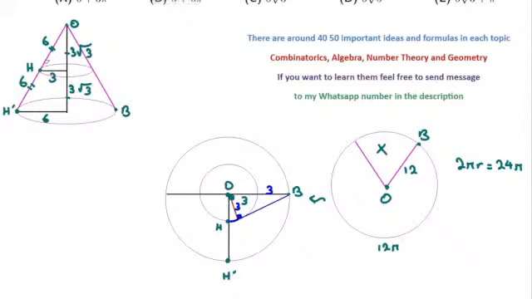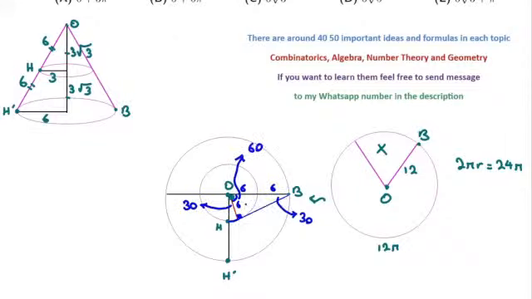Sorry, here OH is 6, OB 12, so this one is 6. We know OB is 12, so this one is 6. And we can say, okay, this is 12, it is 6. 12 is hypotenuse because it is 90, so this angle is 30. Now we can conclude this angle is 60, so this angle is 30 again.